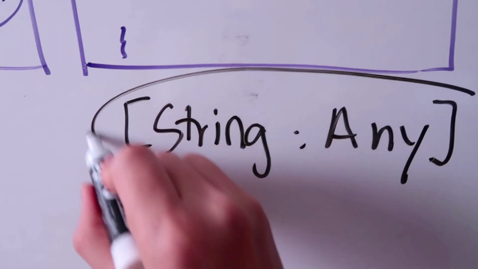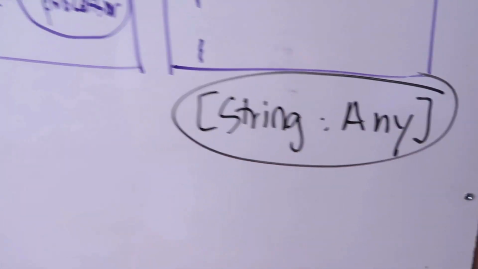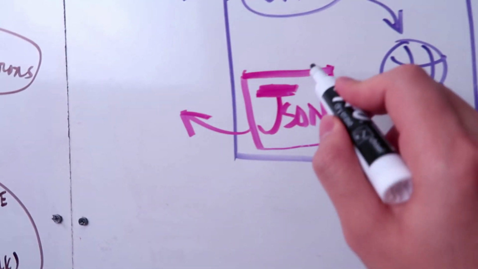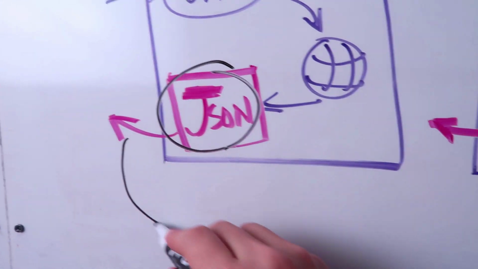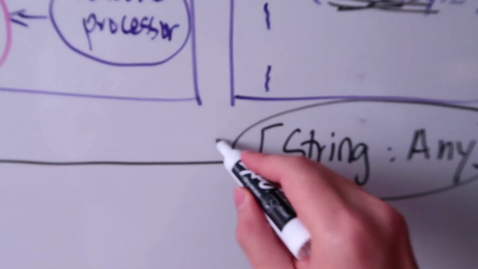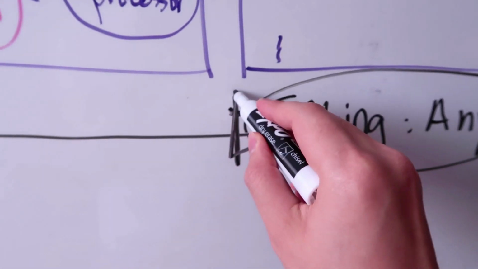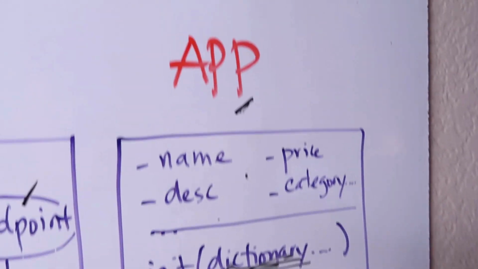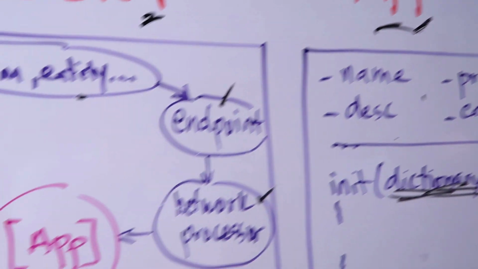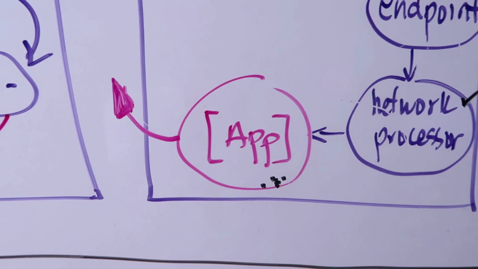Now, what is a string to any right here? Well, remember this thing, the JSON? When this JSON comes in over here, we can turn it immediately into this string to any. It means that from the JSON that we parse into a dictionary, we can turn it immediately into an app. And from that, we can turn it into an array of apps.